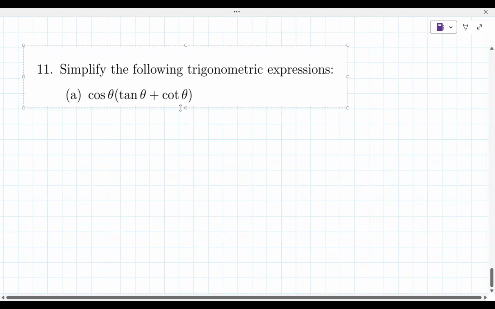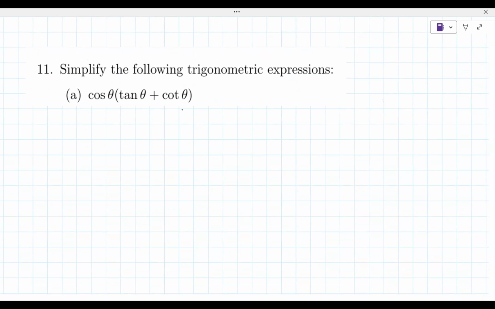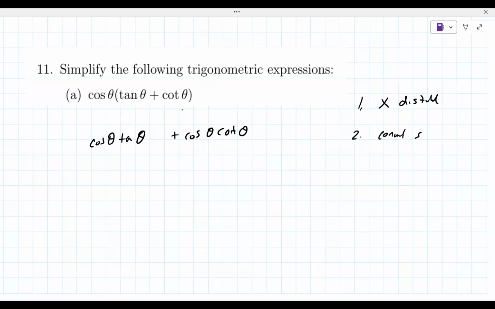one of the strategies for simplifying the expression is you obviously apply all your algebraic rules, like you're going to distribute. But when you distribute, what does that even mean? Cosine, tangent, cosine, cotangent. I mean, that's not great. So the next strategy is that you convert everything to sine and cosine.